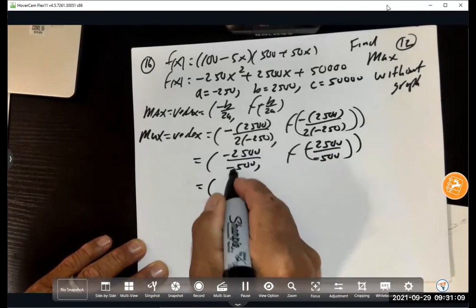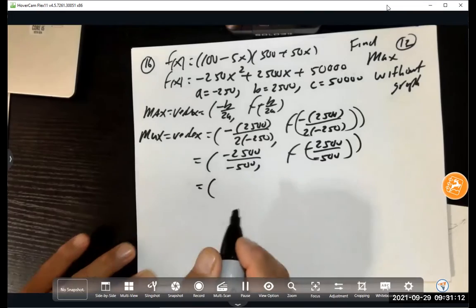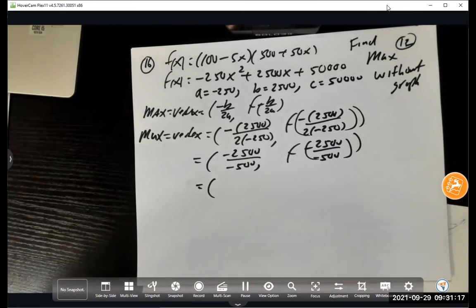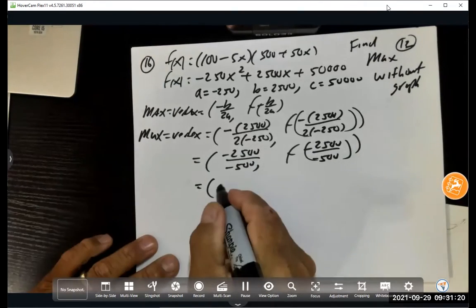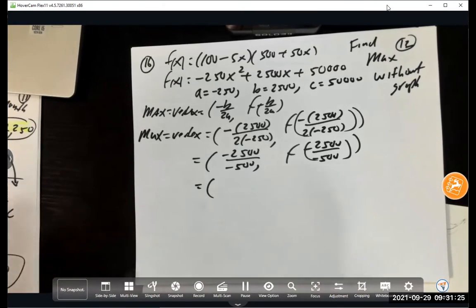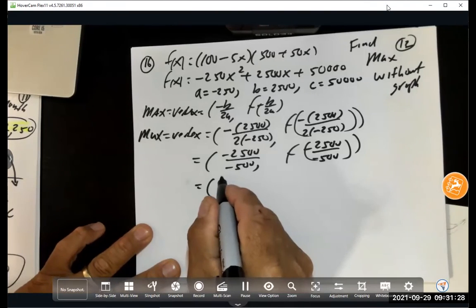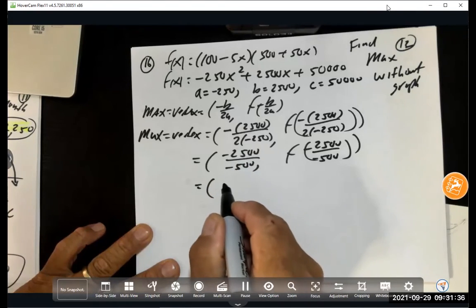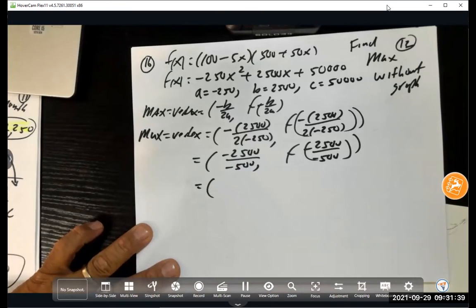So now, a negative by negative is going to be a positive. Give me a number. What's this number going to be? Let me calculate that. Hold on. It's a calculator, don't do it in your head. Negative 2,500 divided by 2 times negative 250, that is negative 500.